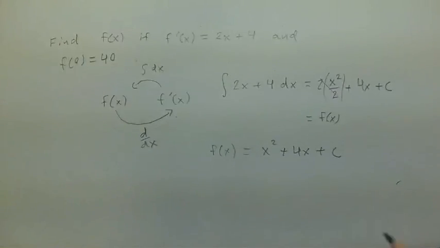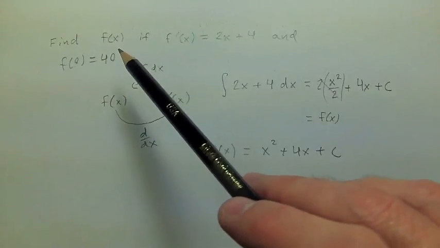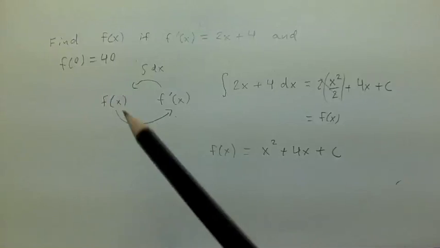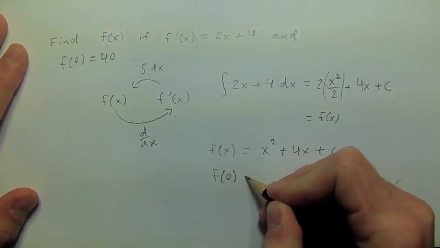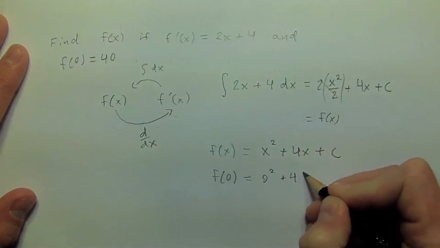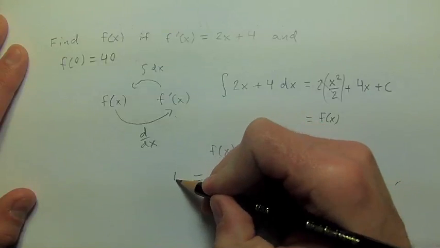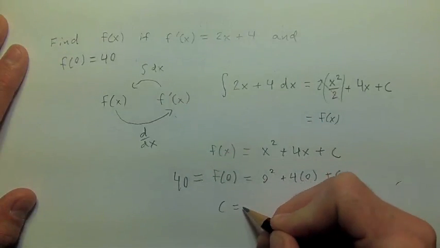Okay? Now, what this is saying is find a very specific f, specifically the one where f of 0 is equal to 40. So, if f of 0, which I know from here is 0 squared plus 4 times 0 plus c, but is also equal to 40, what that tells me is that c is equal to 40.